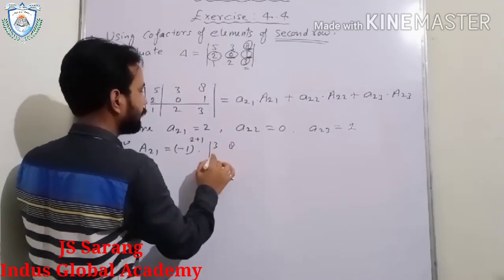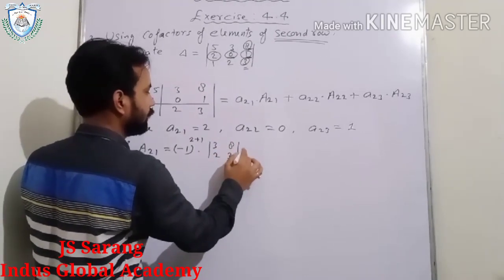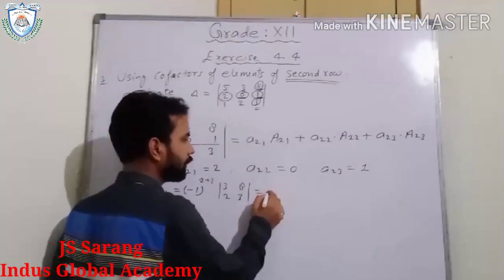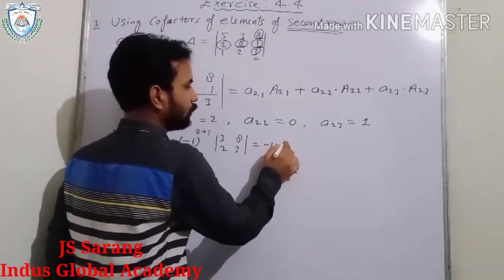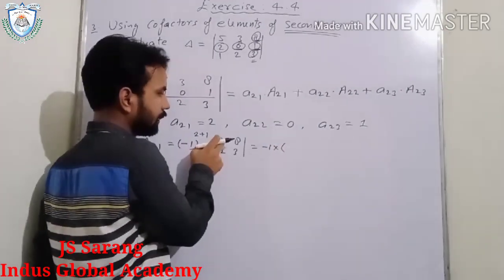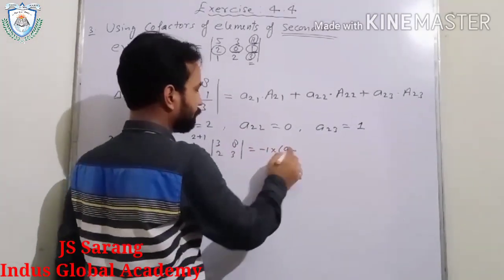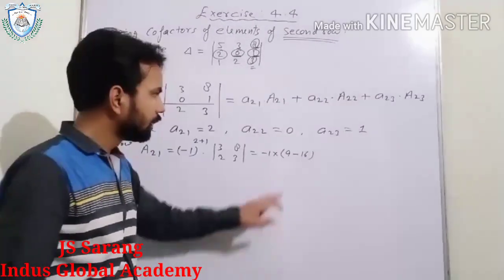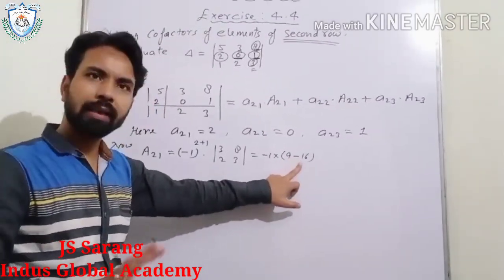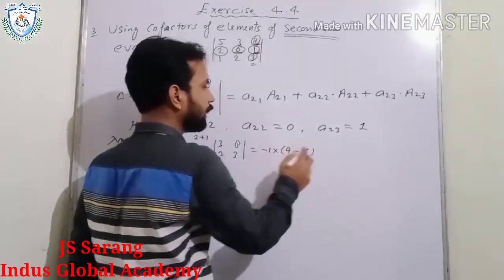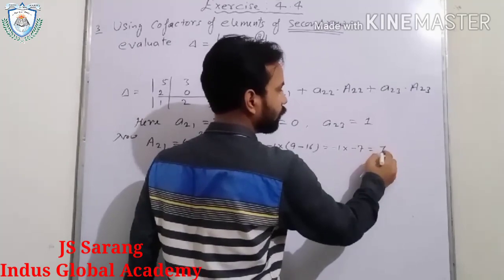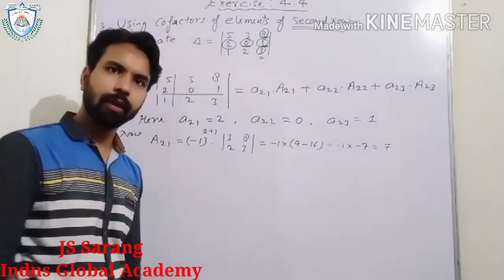Minus 1 to the power 3 is minus 1 into the bracket. 3 3s are 9 minus 2 8s are 16. 9 minus 16 is minus 7. Minus 1 into minus 7 is positive 7.